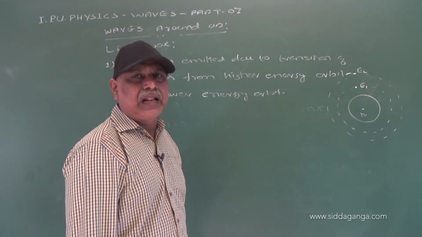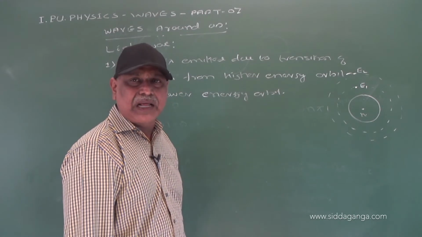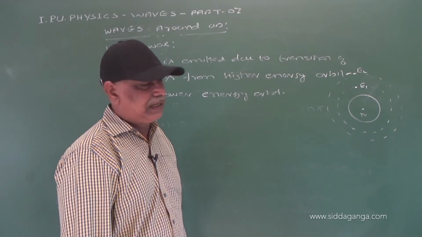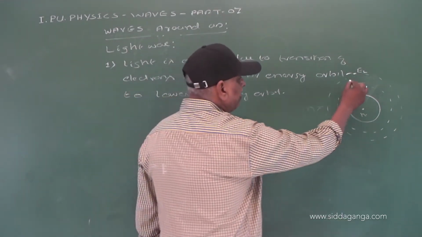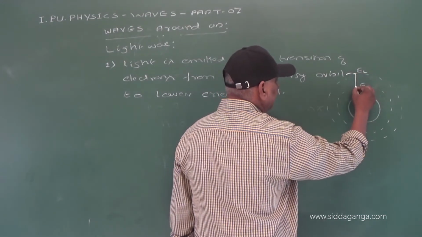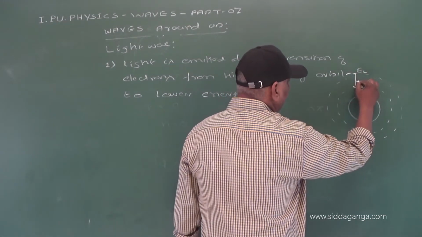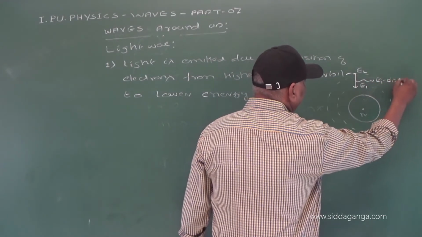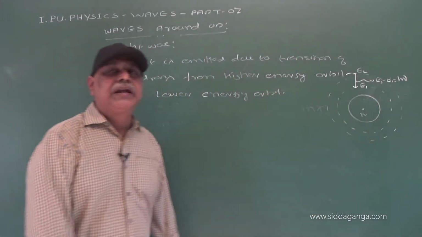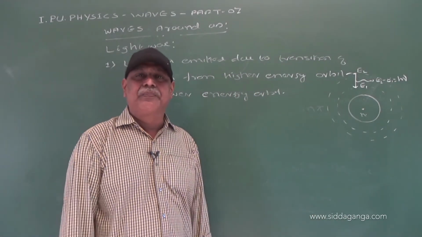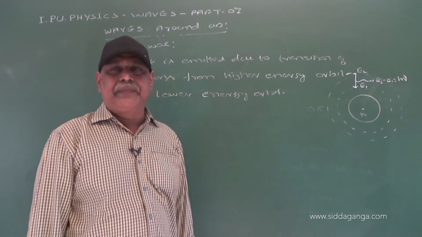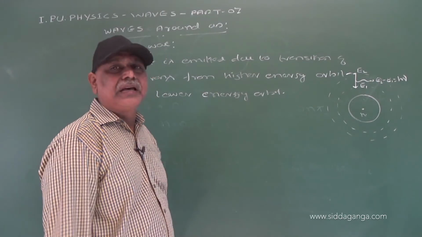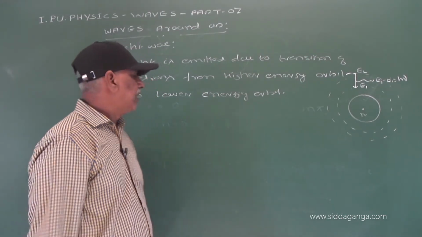An atom cannot lie in excited state for a long time. In a very short interval of time, about 10 to the power of minus 8 second, the electron will come back to its lower energy state. Now in this case the energy difference E2 minus E1 is emitted as light. According to Planck's quantum theory, energy associated with light particle photon is E is equal to h nu.